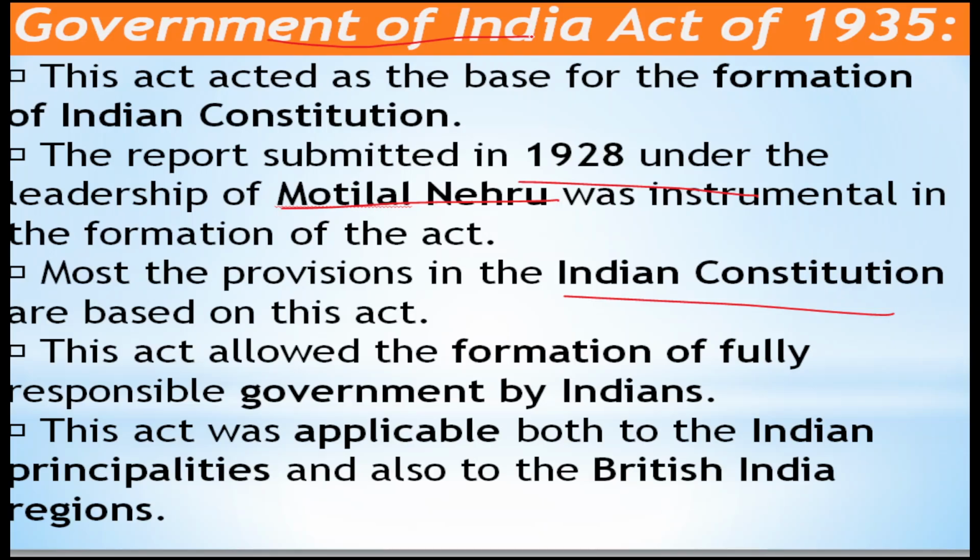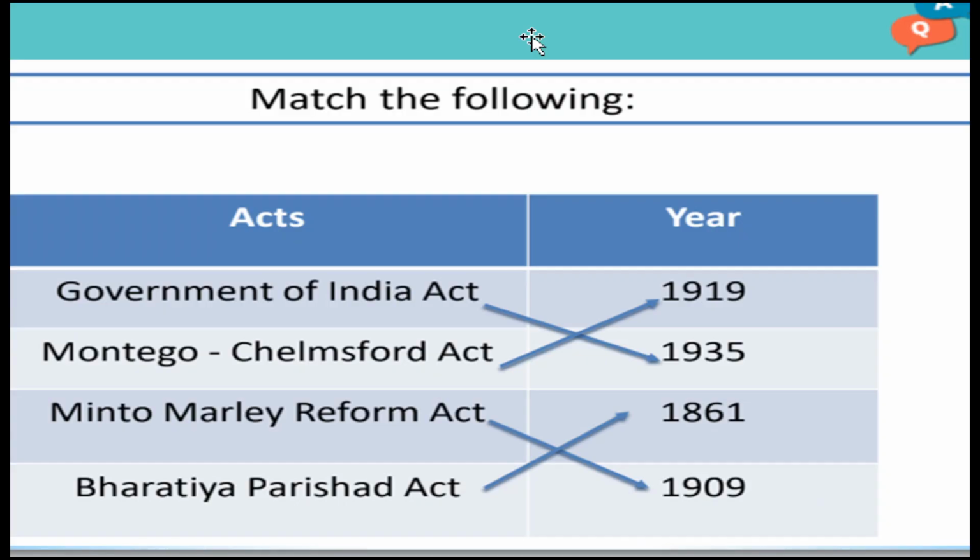This act was applicable both to the Indian princely states and also to the British provinces. Whatever is in the Government of India Act 1935 is applicable both in India and in British territories.